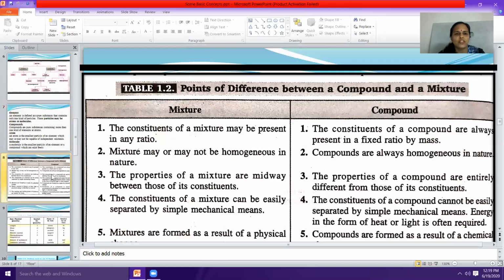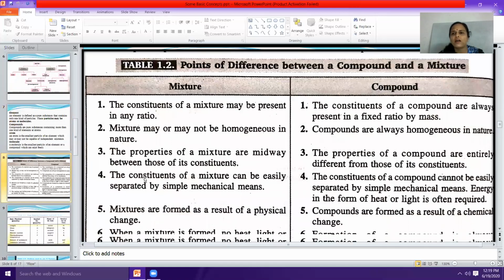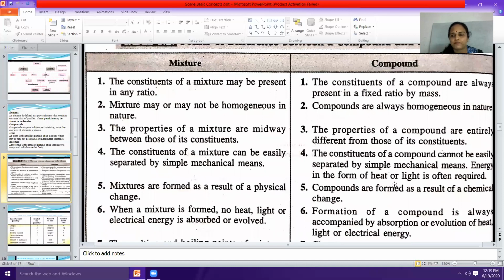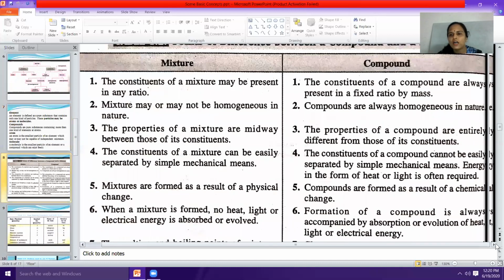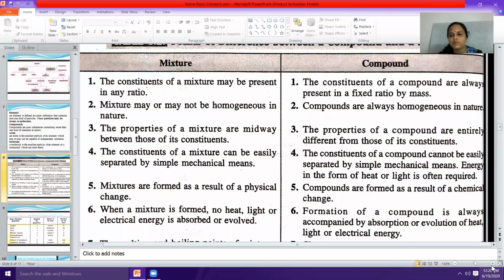Next, let us come to the points of differences between a compound and a mixture. The first difference: the constituents of a mixture may be present in any ratio, and in a compound, the constituents are always present in a fixed ratio by mass.